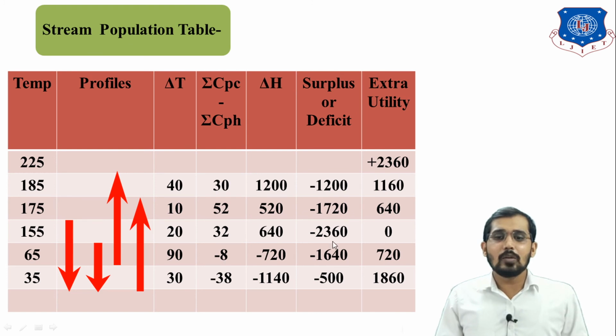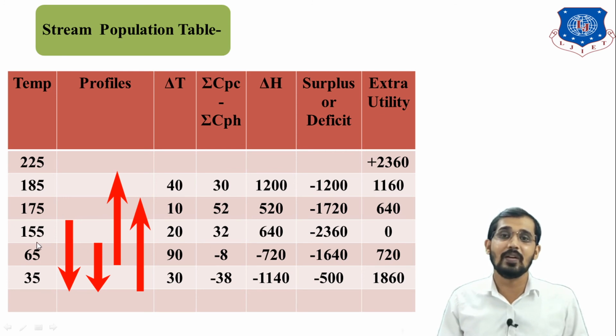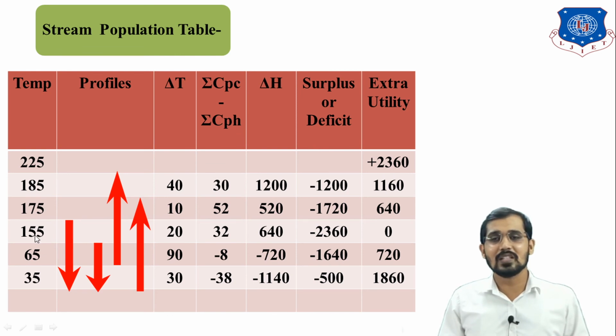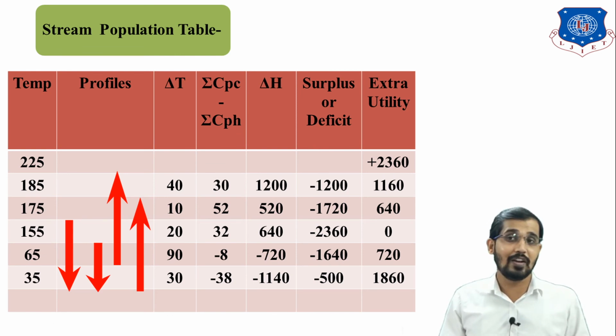So the temperature related to this heat, that is 0 heat, is nothing but your pinch temperature. So pinch temperature is nothing but 155 degrees Celsius, and heat is nothing but 0. So this 0 is nothing but your pinch point, and the corresponding temperature is the pinch temperature, that is 155 degrees Celsius.